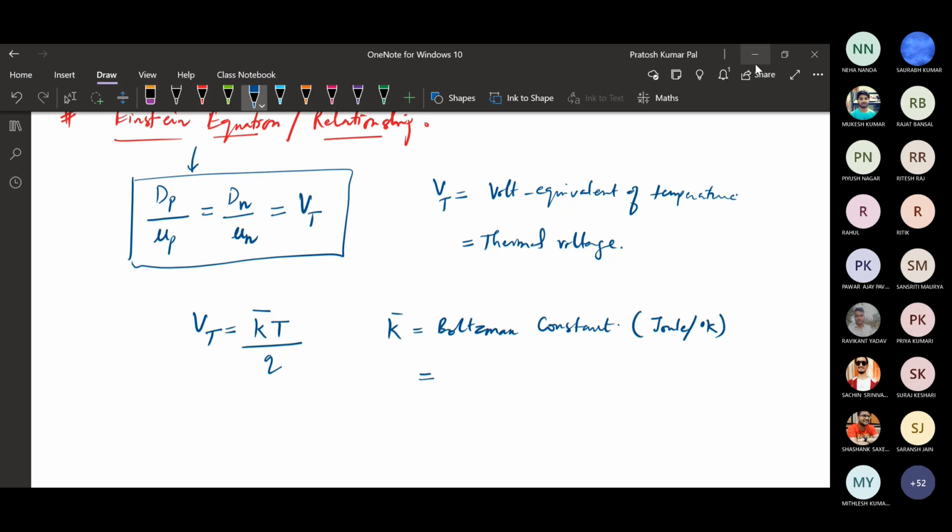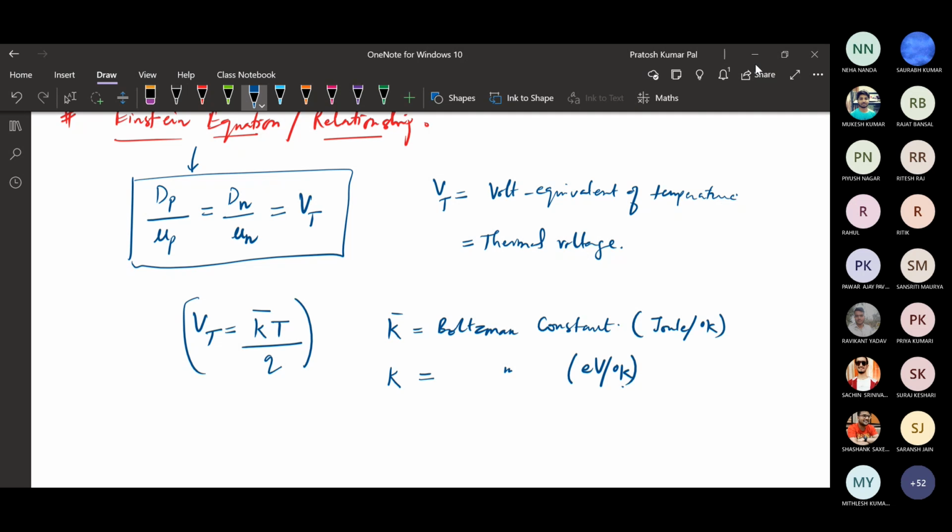This Boltzmann constant is also defined by another parameter called k, which is the same Boltzmann constant but in terms of electron volt per degree Kelvin. So there are two Boltzmann constants defined, k bar and k. K bar is related with the thermal voltage.